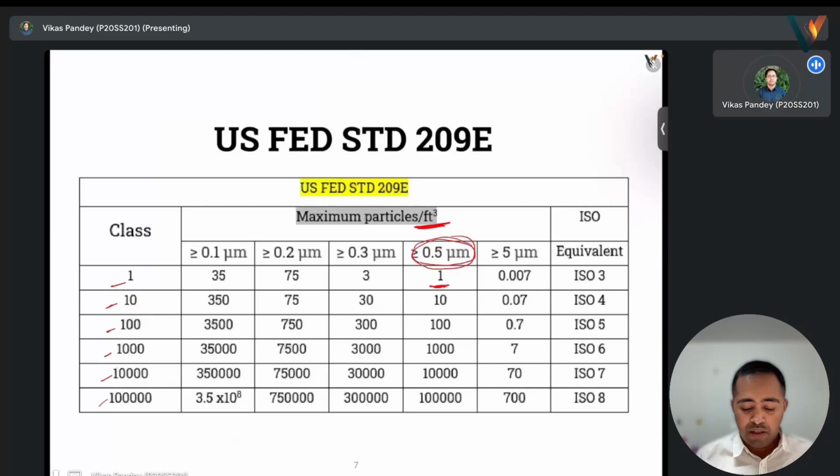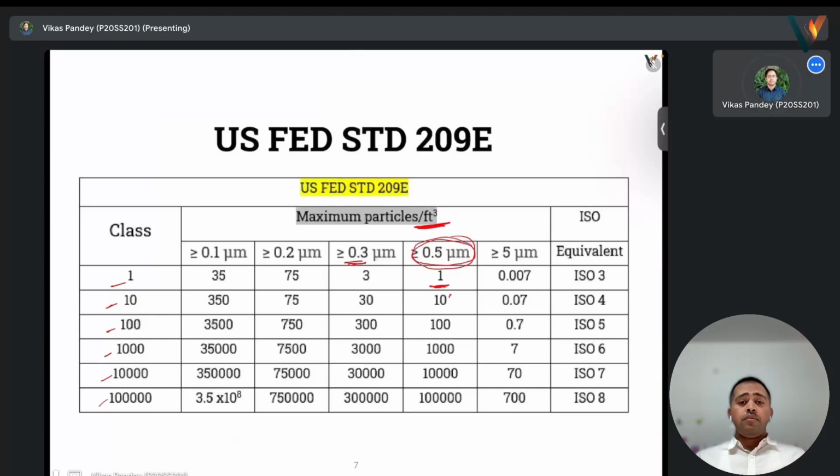It can have something between 0.3 to 0.5, that is 3, and something more than 0.2, that is 75, then more than 0.1, that is 35. But overall, the standard is based on 0.5 micrometer. That is how you see the numbers are matching.